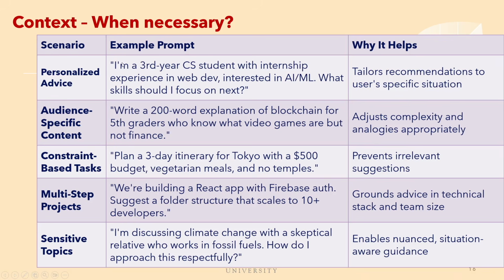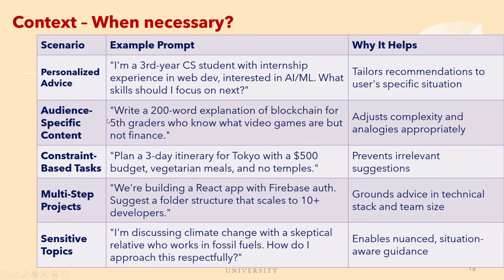The third component, context. Here are a few examples where context might be needed. One is personalized advice. Say for example, I am a third year CS student with internship experience in web dev, interested in AI/ML. What skills should I focus on? If you take this prompt, it has the background, a third year CS student, it's a recommendation for the particular situation, and it has relevant data: AI/ML and web dev.